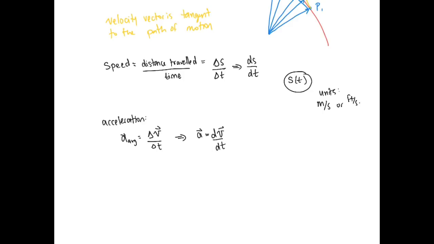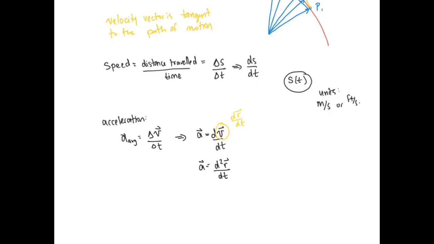Now you can also rewrite this because we know that velocity is dr over dt, then we can rewrite the acceleration as the second derivative of r. So acceleration is also equal to d squared r over dt squared. So it's also the second derivative of that position vector.